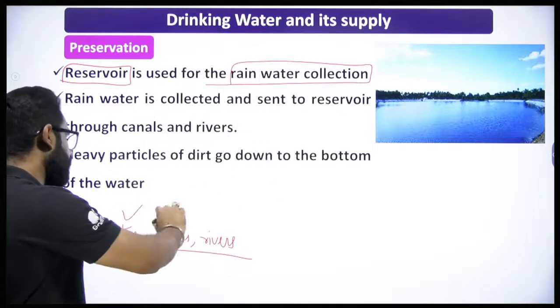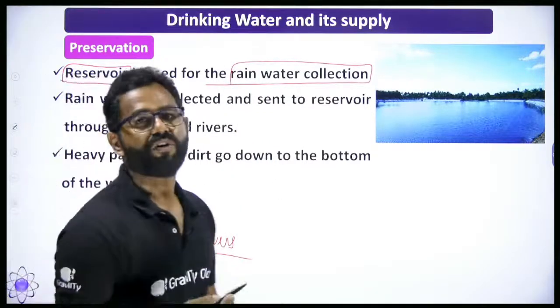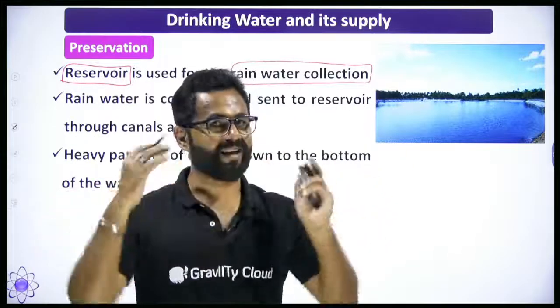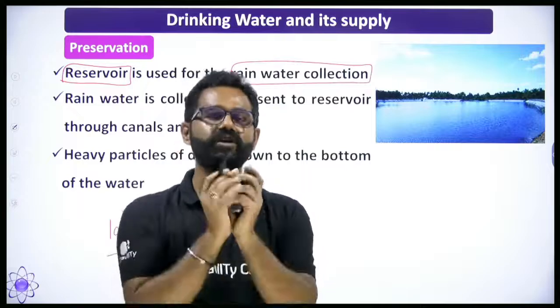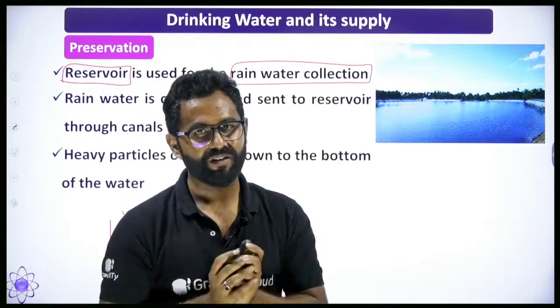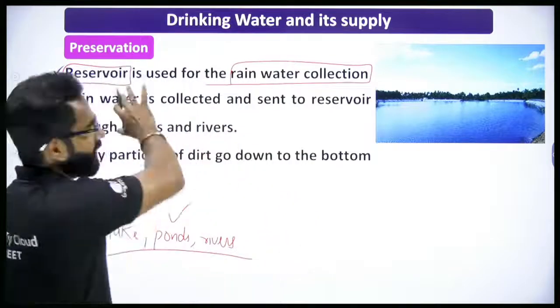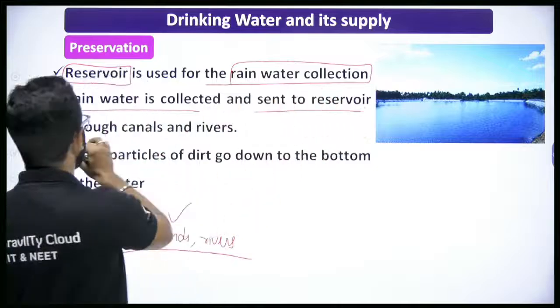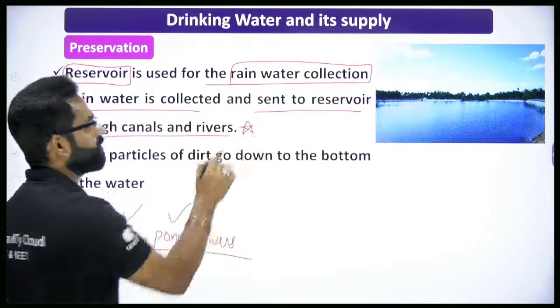The ponds and lakes are used for rainwater collection. When the rain comes, the water gets collected in these regions, and then we use that water for further use, right? This water is collected and sent to the reservoirs through channels or rivers.